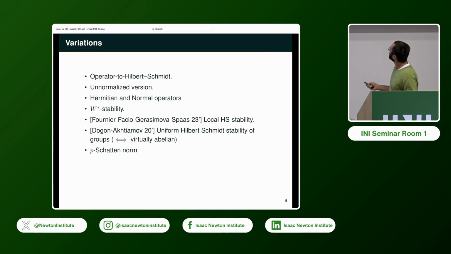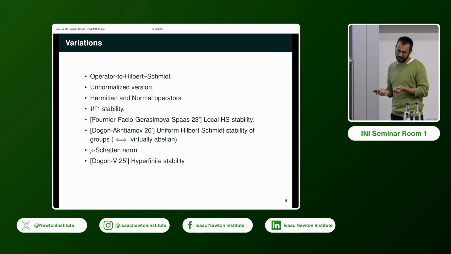Rather than everything in the Hilbert-Schmidt norm, which you can call the Schatten 2 norm, you can take the Schatten P norm for every P. You'll get other questions, also studied. Hyperfinite stability arises naturally.